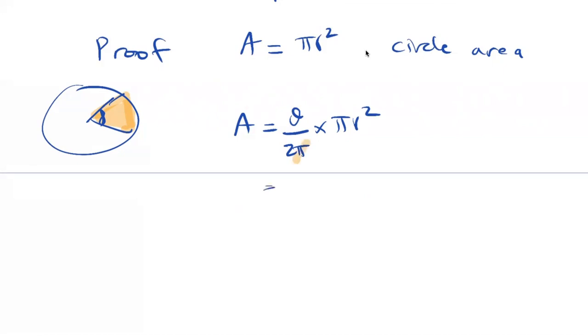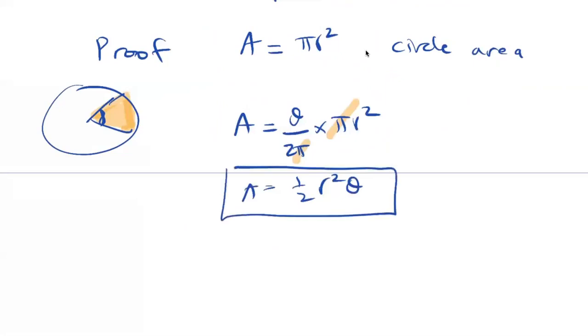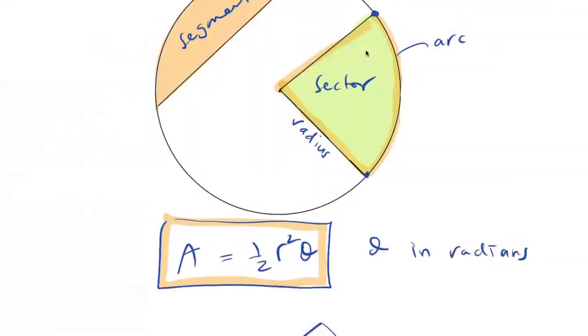Notice that pi cancels out, and therefore I'm left with a half r squared theta when rearranging, which is what we give as the formula. You don't have to know the proof, but you do have to know that equation, a half r squared theta. But it's nice to know where that comes from. So that is, very quickly and easily, the area of a sector.